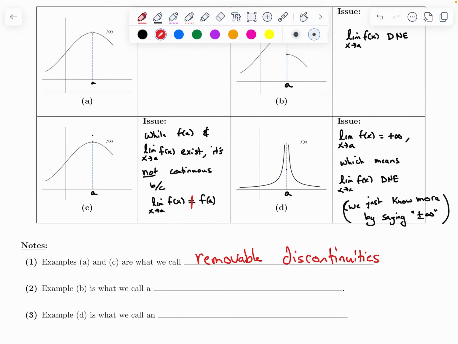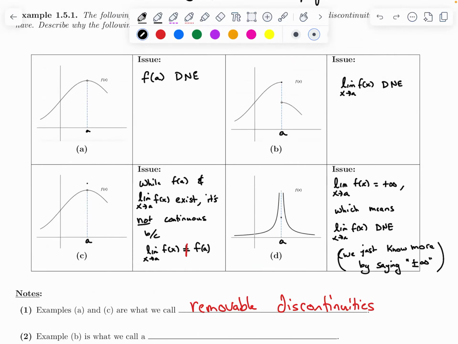If I just filled in that hole, it would be gone. I removed the hole, it's a removable discontinuity. Here, if I just cross that out and bring it down, the one problem has been removed.